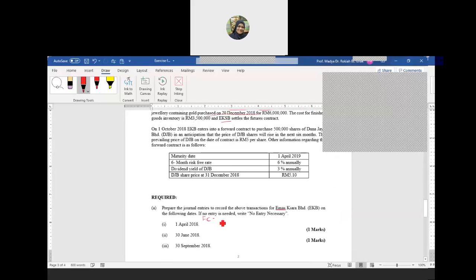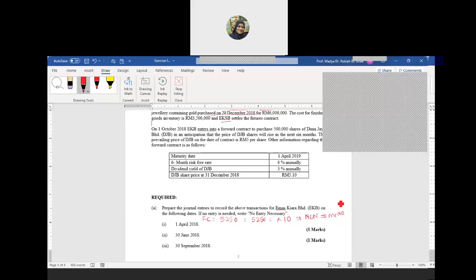The price of the forward contract is 5250, which is the same as the price of gold, 5250. So there is no initial outlay, which means no journal entry is necessary. You only need to provide a memo. On 1st of April, no journal entry, you just provide a memo.